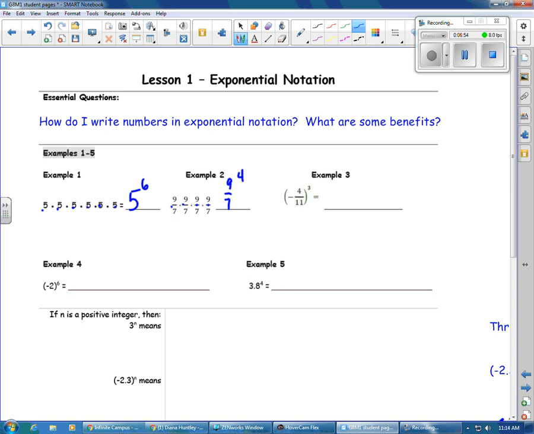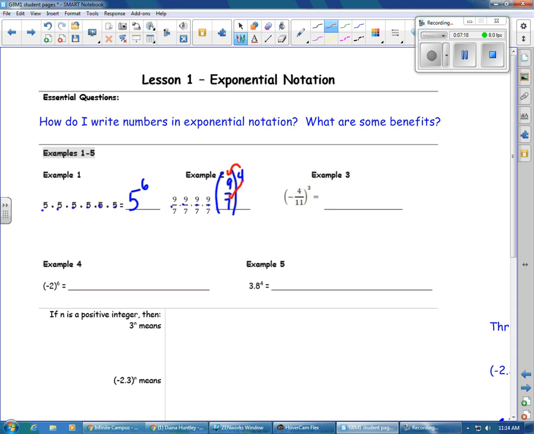So what I need to do when I have any fraction, I need to make sure I put a parenthesis around it so I know that that 4 is being applied to both the 9 and the 7. The exponent should be on the outside of the parentheses so that I know it is being applied to both 9 and it's being applied to the 7.